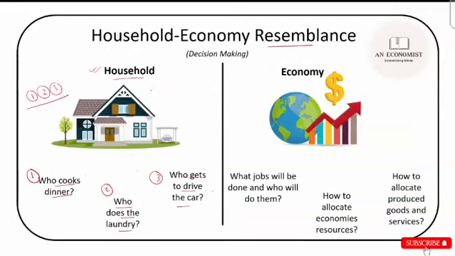Now, what will the household do? They will choose the individual who cooks the best and give the task of cooking the dinner to him or her. Suppose your mother cooks the best dinner. Then the household will decide that your mother will cook the dinner every day. Suppose your father drives very well.